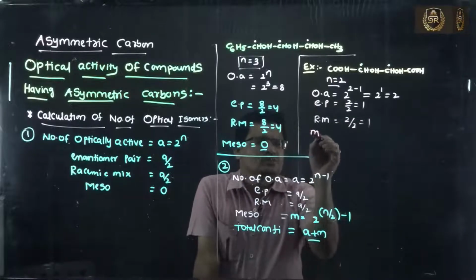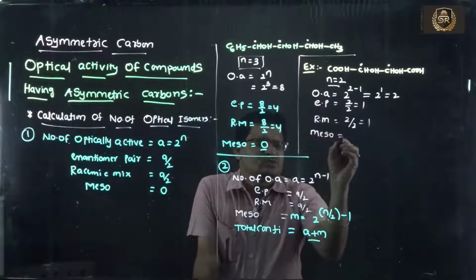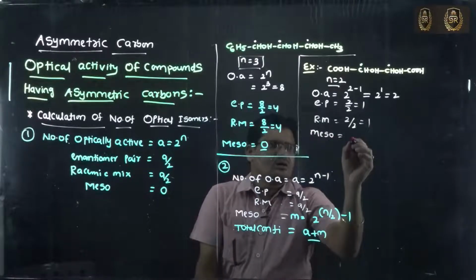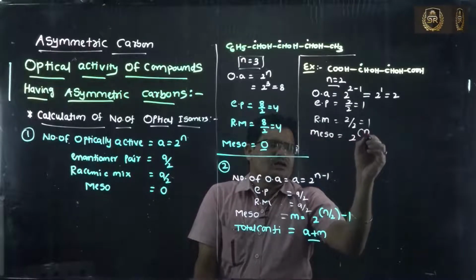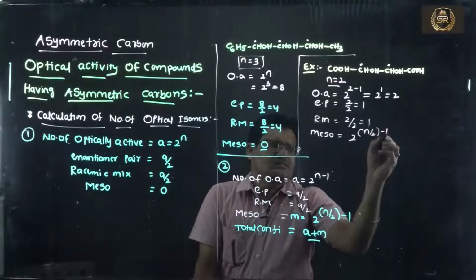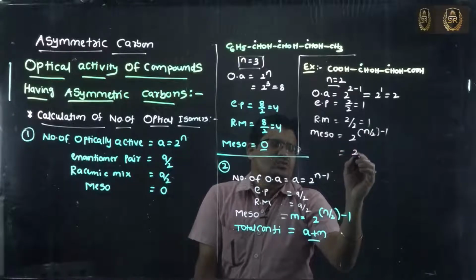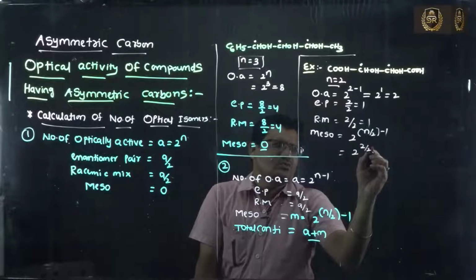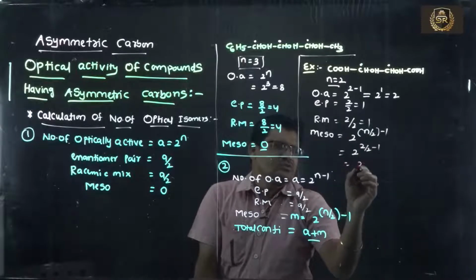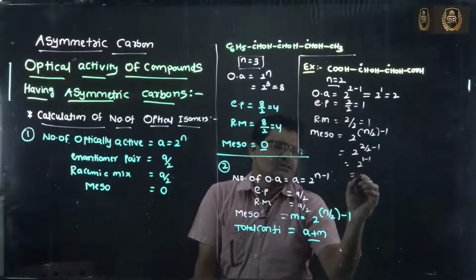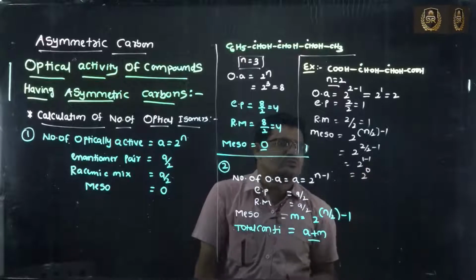Meso, so here meso equal to 2 power n by 2 minus 1. Here 2 power 2 by 2 minus 1, 2 power 1 minus 1, nothing but 2 power 0.